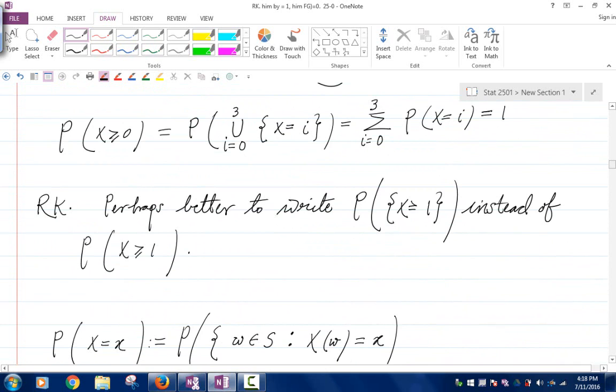Now, I keep writing the probability of X greater than or equal to 1 with X greater than or equal to 1 in parentheses, but it's probably better to write the probability of X greater than or equal to 1 and put curly braces around X greater than or equal to 1, because usually we denote events by using curly braces, so it may sometimes be confusing if we don't write those braces.